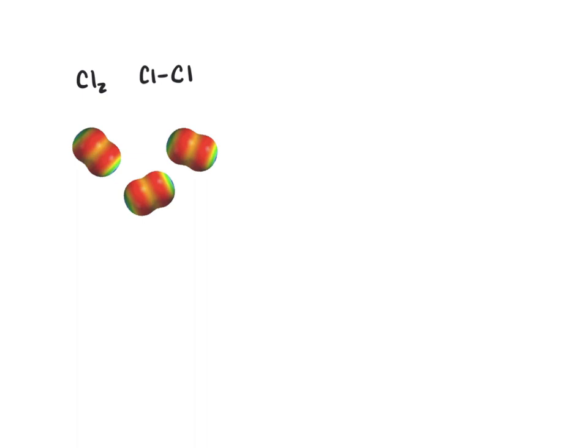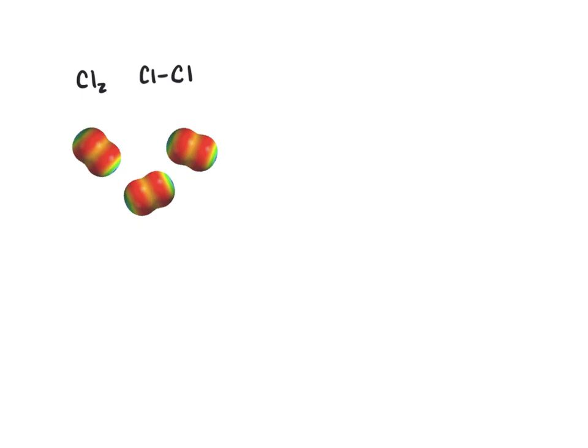If we look at the charge distribution, we can see that it's pretty evenly spread throughout the molecule, and that there is no net dipole moment in these molecules. However, it turns out that when you have a collection of chlorine molecules like this, Cl2, Cl2, Cl2, they can induce dipoles in each other.